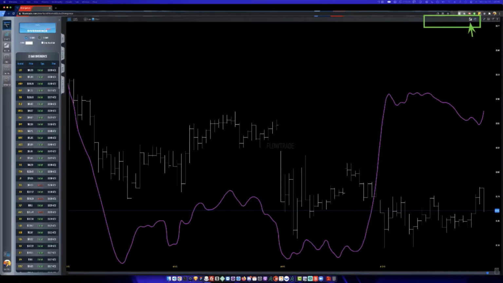This icon indicates you want to show block trades. This icon indicates whether or not you want to show the divergence of the block trades. My typical setup is I want to show block trades. I look at the dark pool, and unless there's a ton of them, I just leave it at the default settings. We also have some drawing tools that we're able to use.